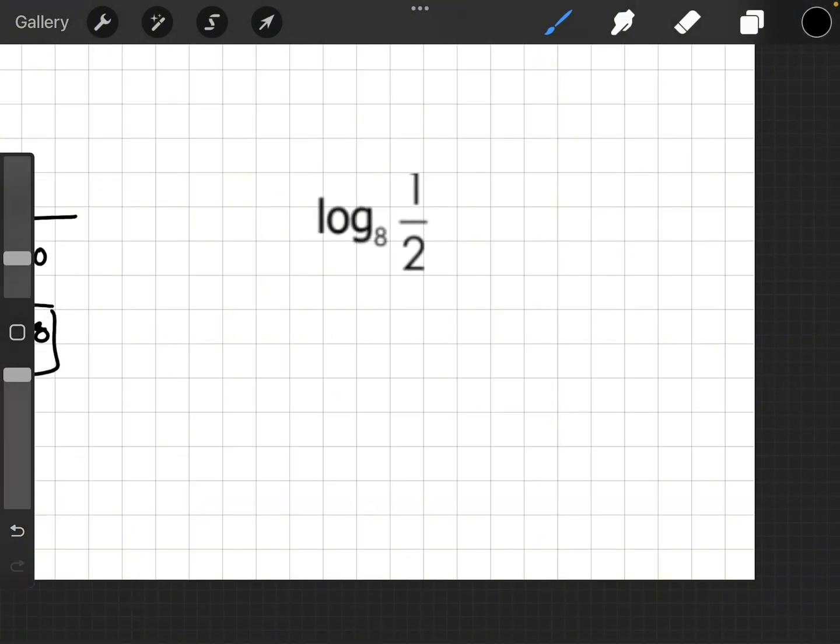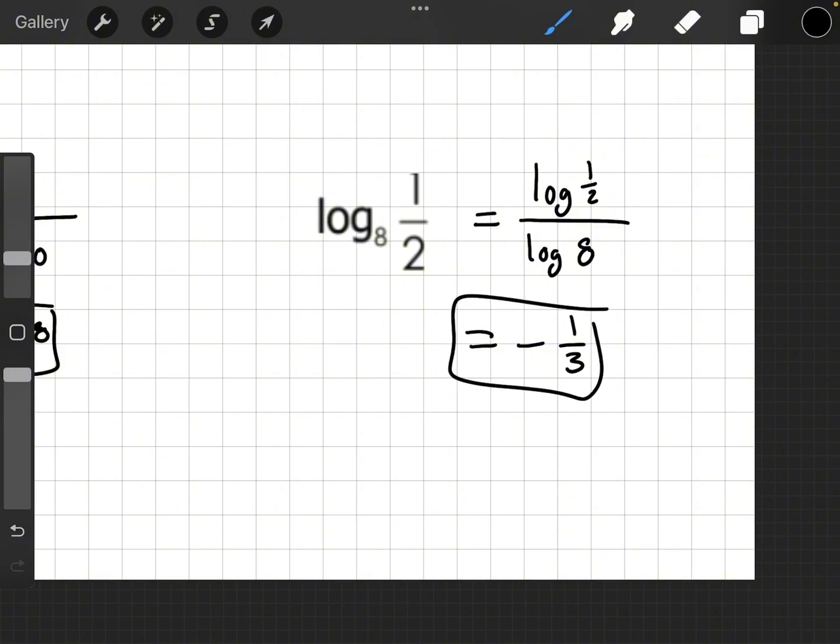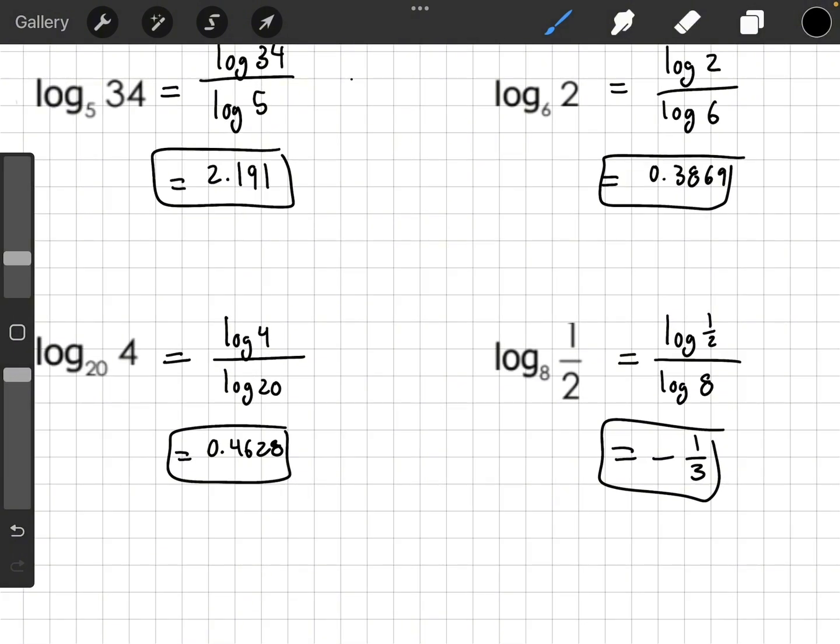Now log base 8 of 1/2 is equal to log base 10 of 1/2 over log base 10 of 8. That equals negative 1/3. This is all stuff that you should be able to do on a calculator.